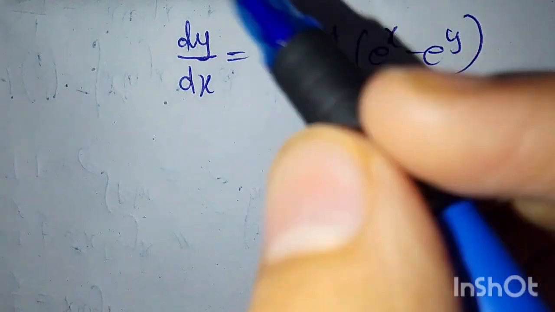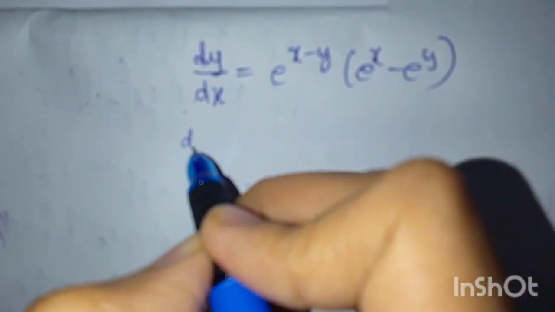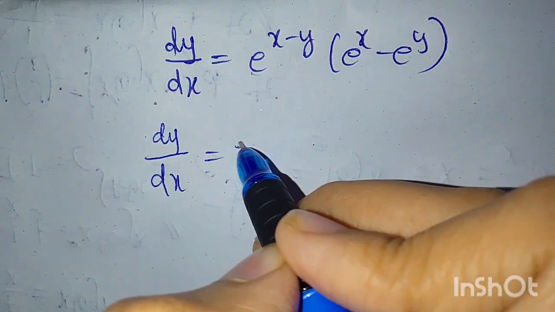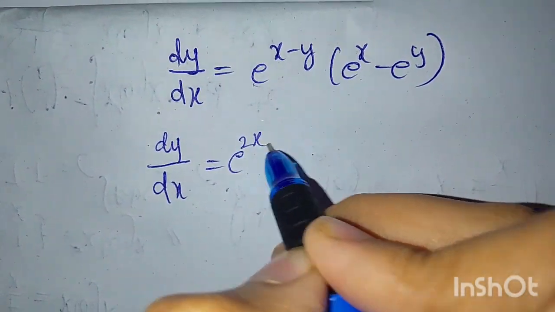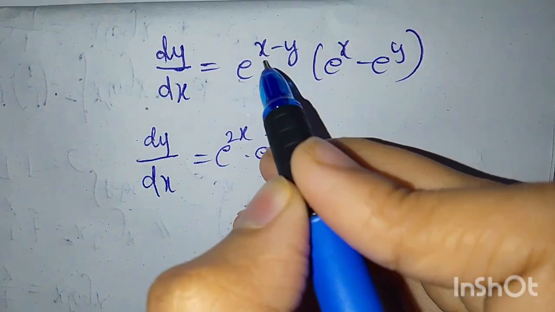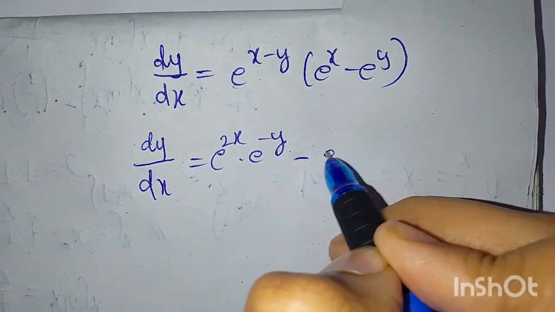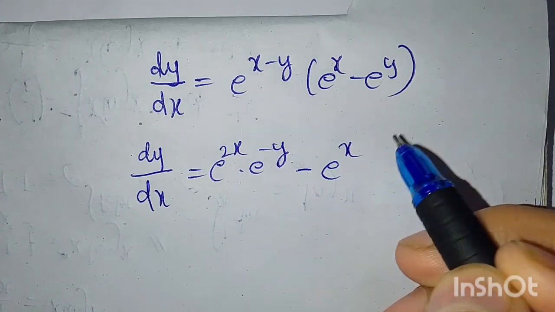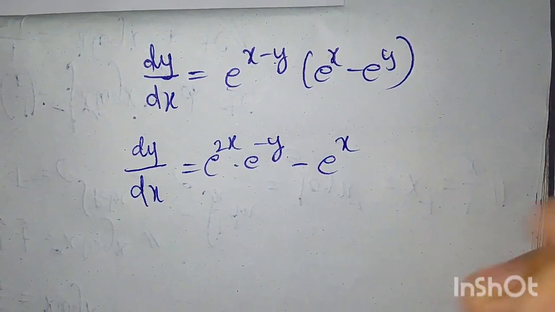So see in this question, if I multiply, I'll get dy by dx is equal to e power 2x into e power minus 5 I can write, and this one minus e power x into x minus 5, plus 5 cancels. Okay.